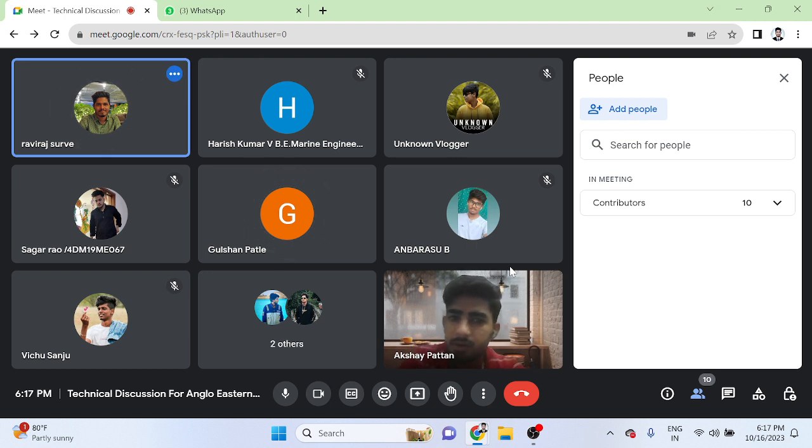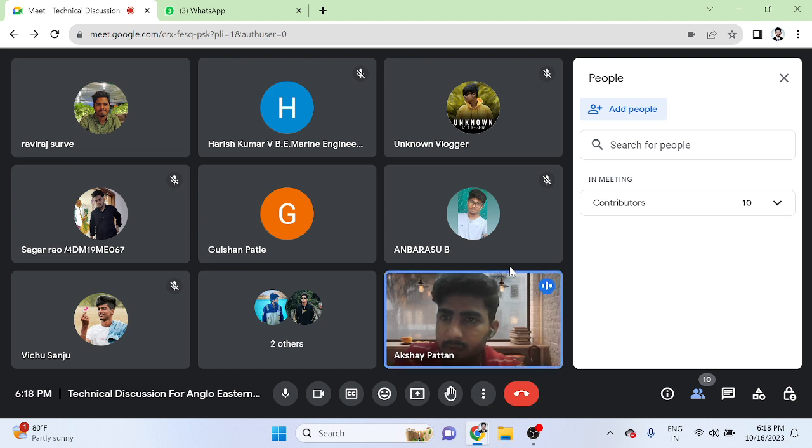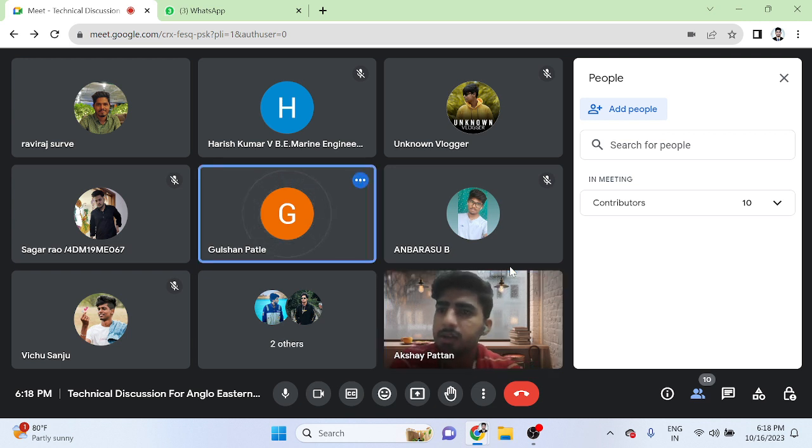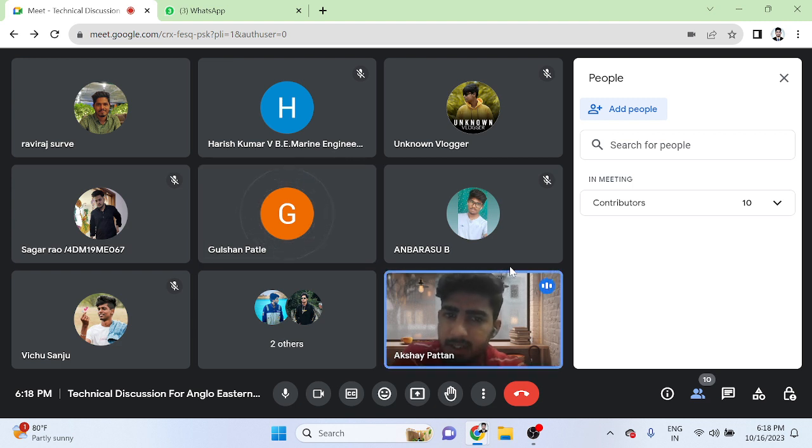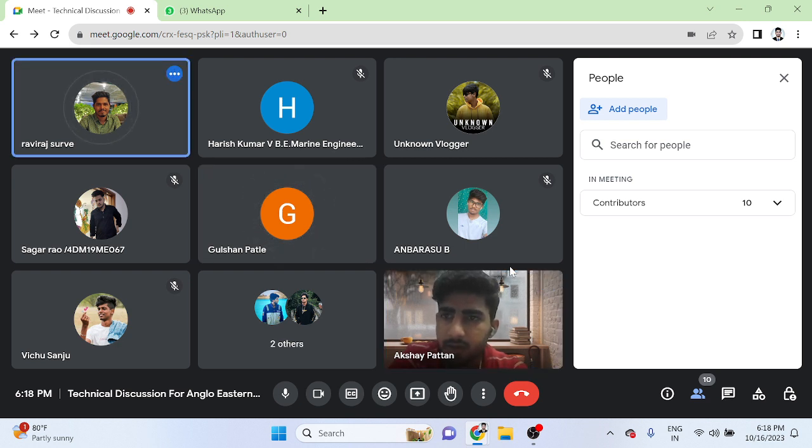So anyone else? Raviraj, you said that as air bubbles are present inside the centrifugal pump, it will decrease the efficiency, right? So how will it decrease the efficiency? I'm talking about when air enters the centrifugal pump.